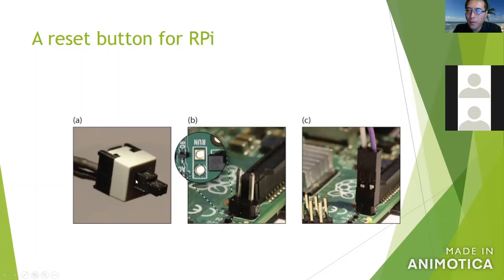So whenever you need to reset the system, you can just depress the button, and the system can reset. That way, in case of a stuck execution or a stuck system, you don't really need to unplug your power cable, because by unplugging your power cable, you may destroy your board. Okay.